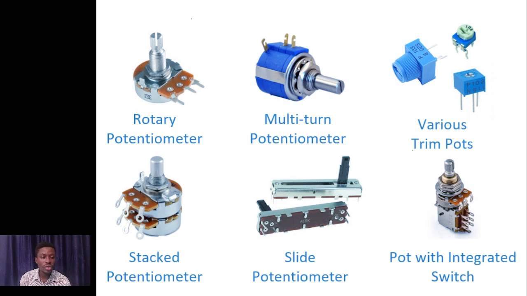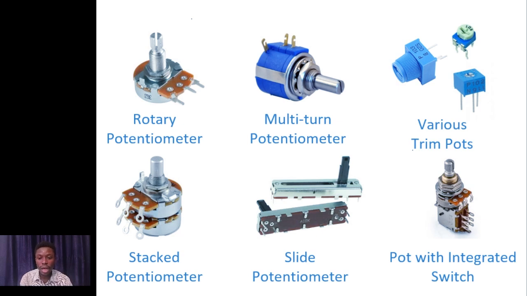You have the slim potentiometer, and the stacked potentiometer, where you have more than one connected together. You have the slide potentiometer, and potentiometers integrated with a switch. If you remember those old portable radios, the same part that serves as the volume control is also the part that turns the radio on or off. That's a potentiometer with an integrated switch. So that's a brief explanation of the potentiometer.